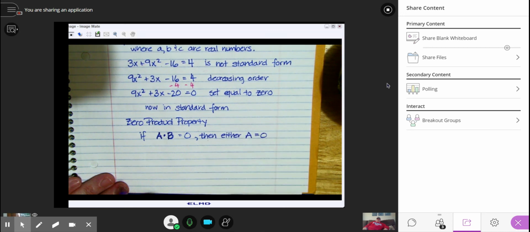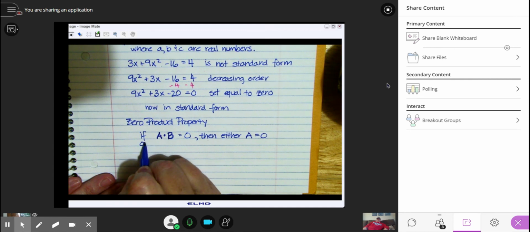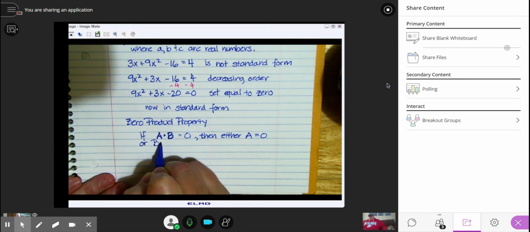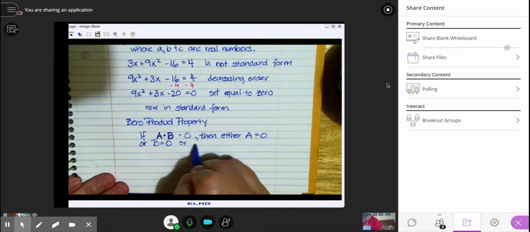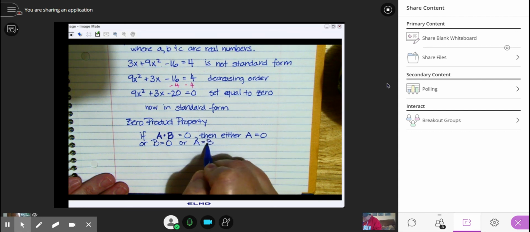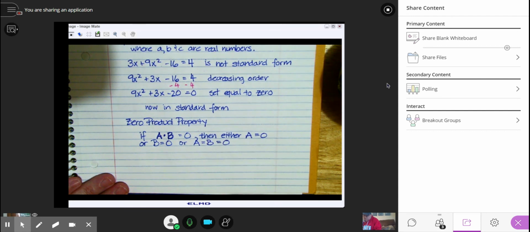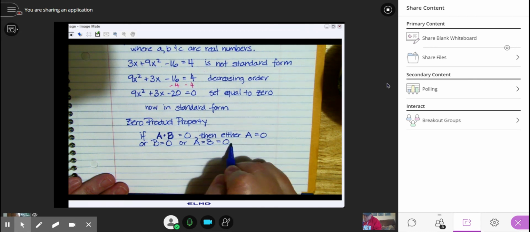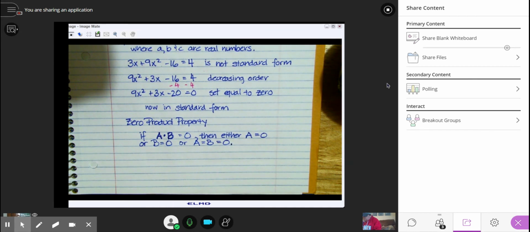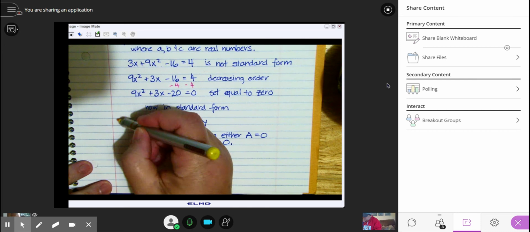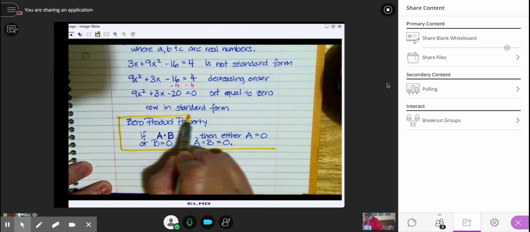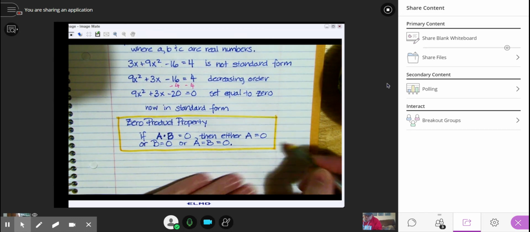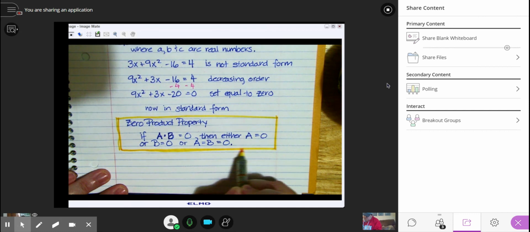Either A has to equal 0, or it could be true that B is equal to 0, right? Or it could be that A and B are both equal to 0. This is known as the zero product property, and we shall use it all the time.